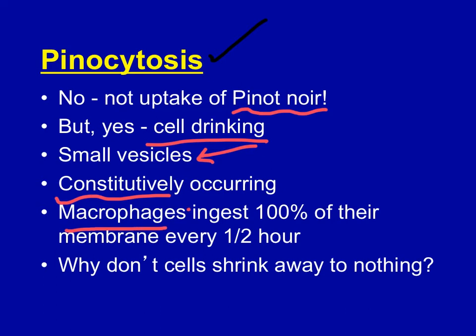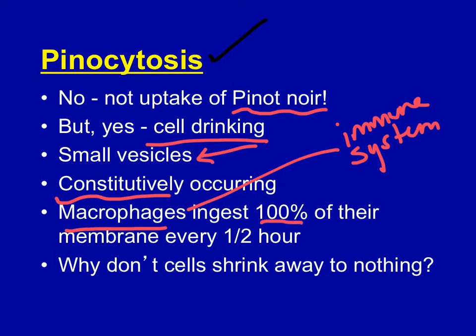Macrophages are part of your immune system, and they're constantly sampling the environment through this process of cell drinking. And they can ingest 100% of their membrane every half hour. That's a lot of membrane coming in, and that means you constantly have to be having membrane. So if you constantly have little tiny vesicles coming in, you constantly have to have vesicles fusing with the plasma membrane. Otherwise, the cell would shrink away to nothing.